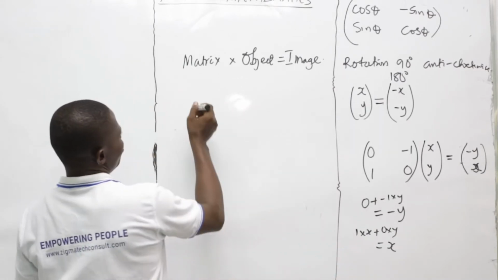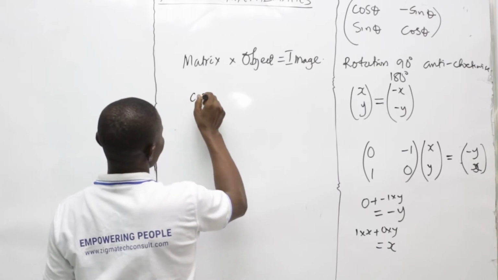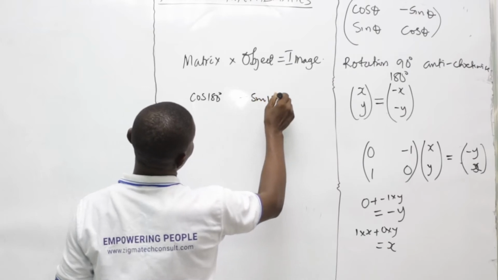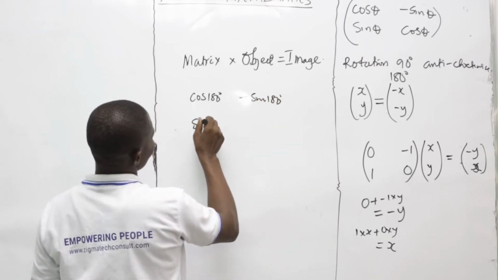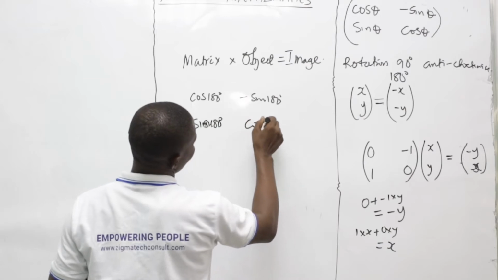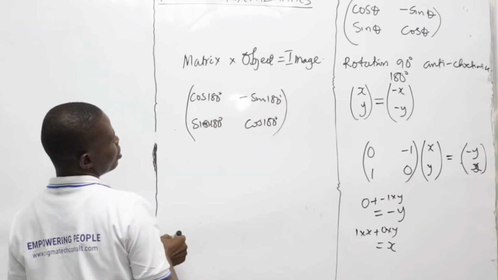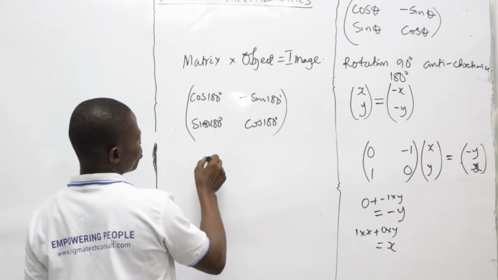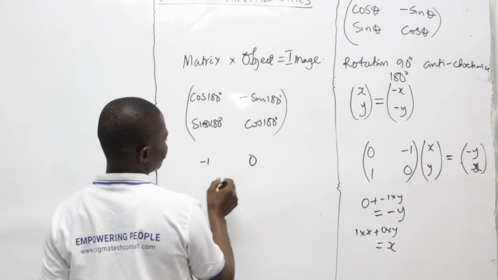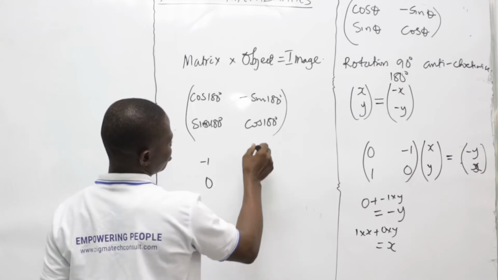Okay, for 180 degrees, I'll say cos 180, minus sin 180, sin 180, cos 180. Cos 180 is minus 1, sin 180 is 0, sin 180 is 0, cos 180 is minus 1.